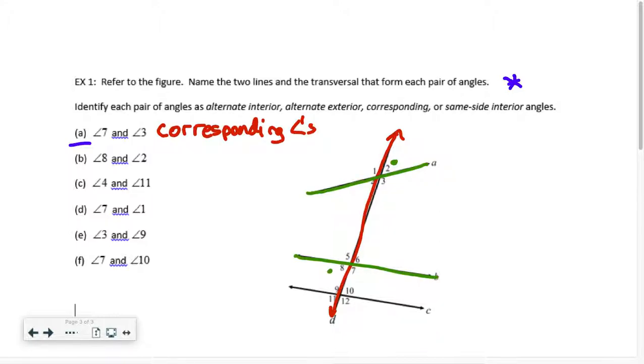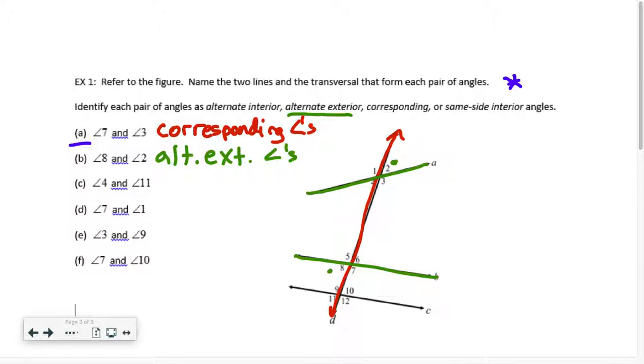All right, well, 2 and 8, those are both exterior. They're outside of A and B. They are on opposite sides of the transversal. So these would be alternate exterior angles. These are alternate exterior angles.